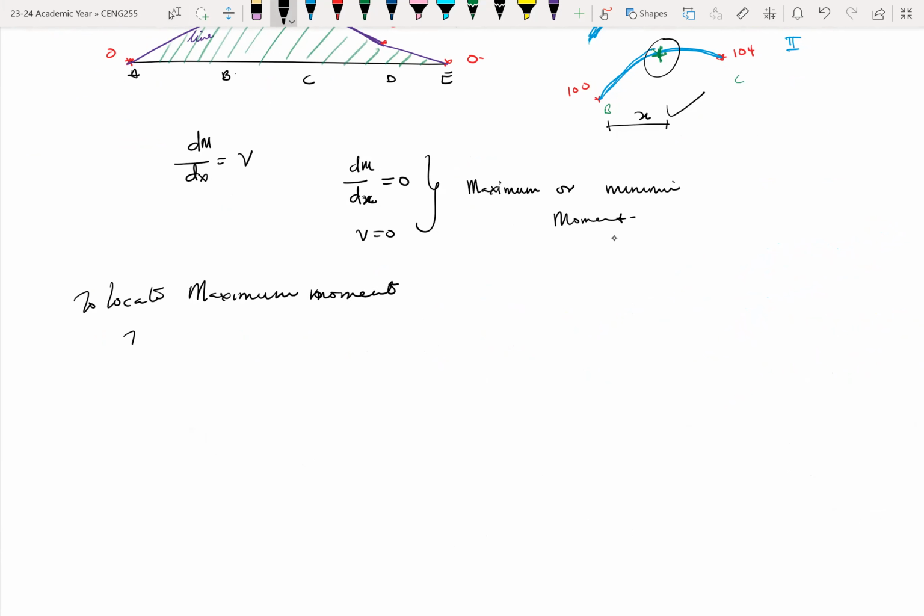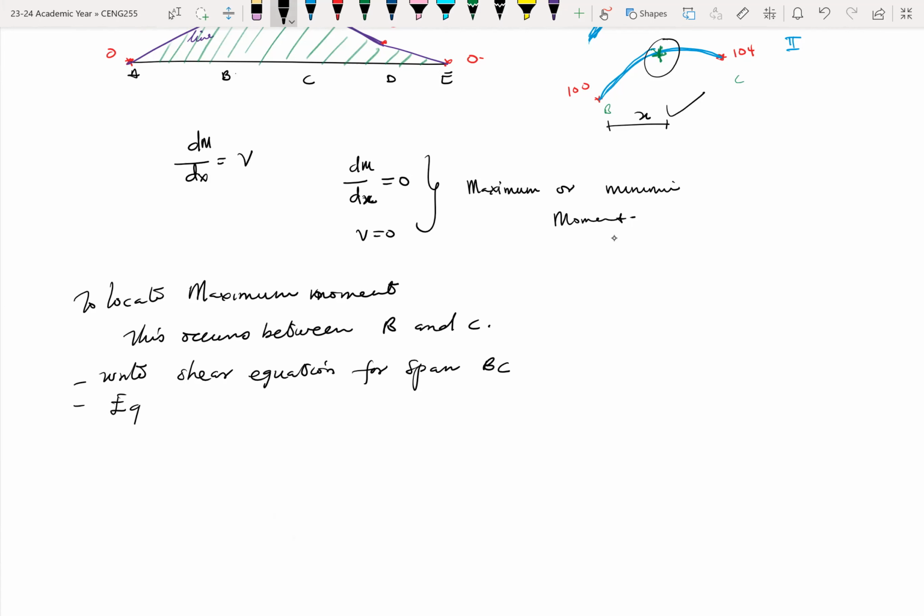Okay, so this occurs between B and C. So the steps are: one, write the equation for span BC. Okay, that's one.